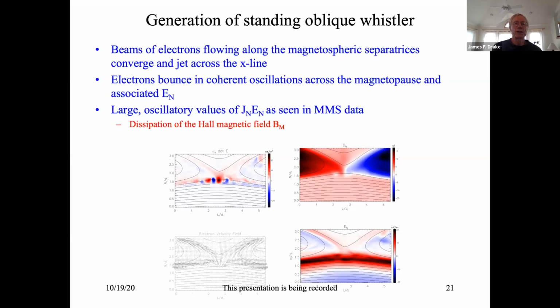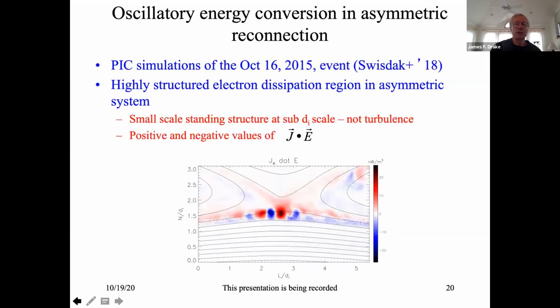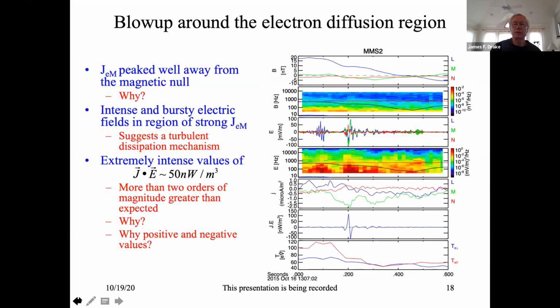But as you can see here, the J dot E that we're actually getting, and in fact was seen in the MMS observations, here it is. This has nothing to do with the reconnection electric field times the out-of-plane electric current.